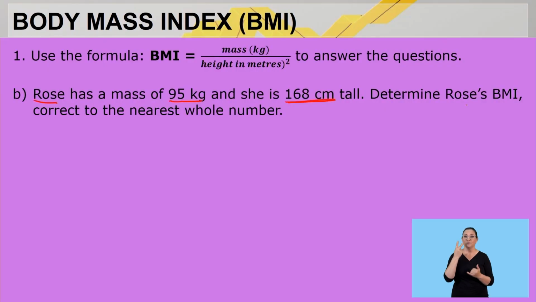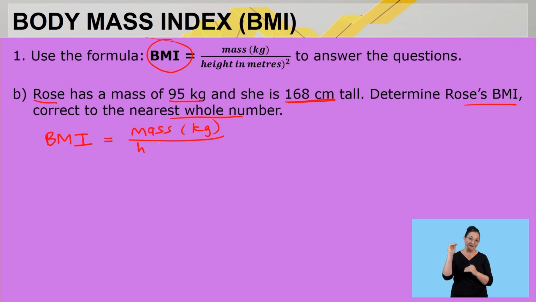Let us look at another question. Question number 1B says Rose has a mass of 95 kilograms and she is 168 centimeters tall. Determine Rose's BMI correct to the nearest whole number. I'm going to go through the same 4 steps. We need to determine BMI, so I'll indicate body mass index equals my mass in kilograms divided by my height, which must be in meters, and I'll square that value.